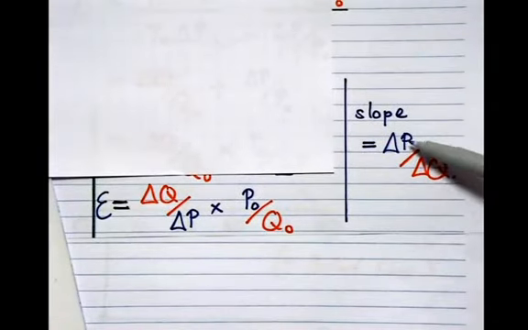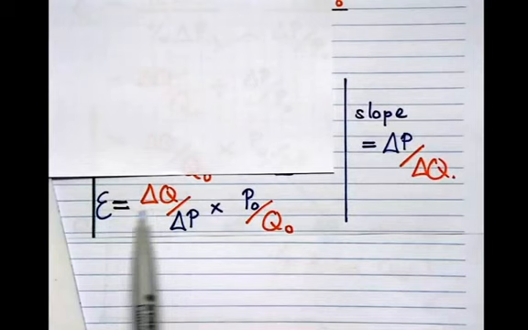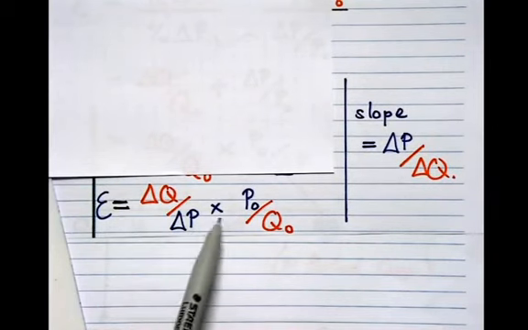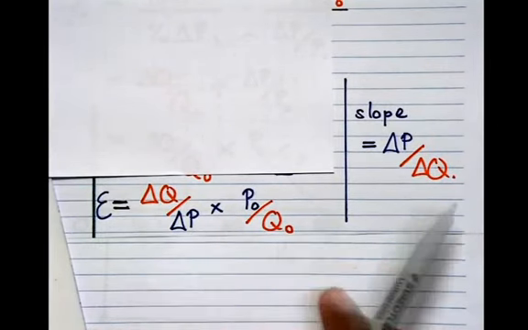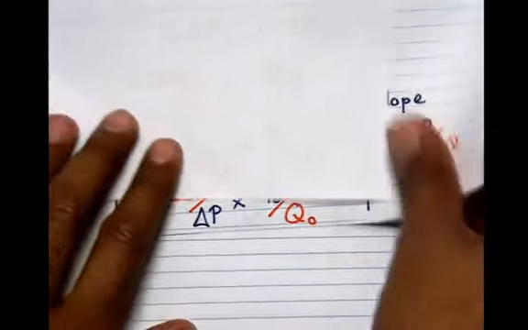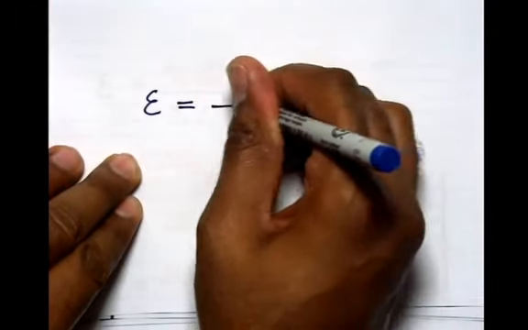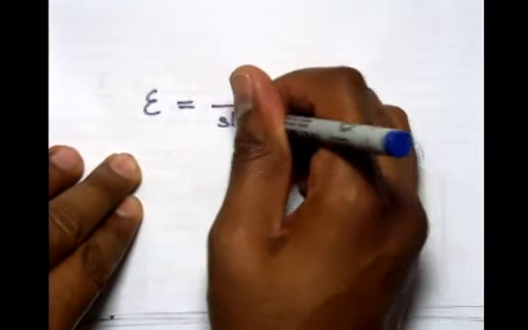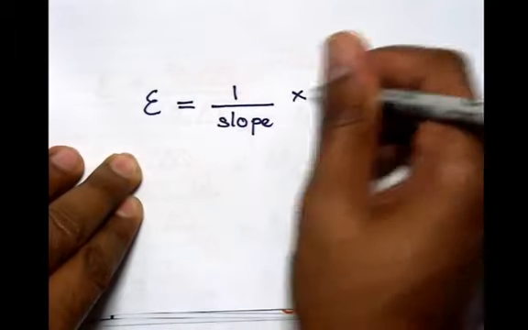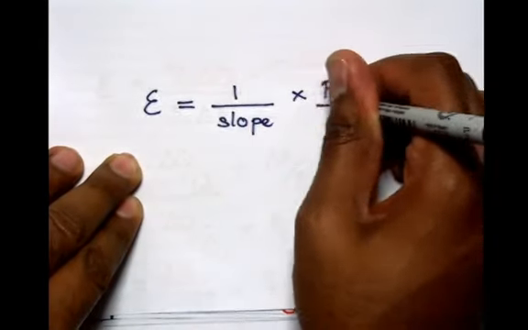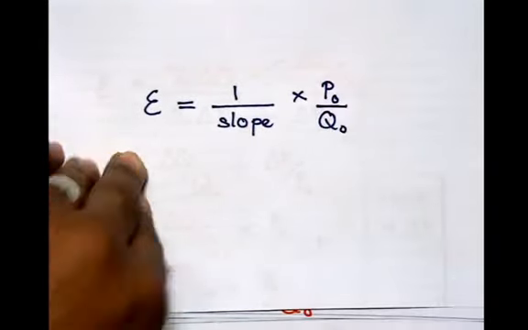Slope is change in P over change in Q, but elasticity is change in Q over change in P times P over Q. You don't need to prove this, so I'm just giving you the final result that elasticity is 1 divided by the slope times P over Q.